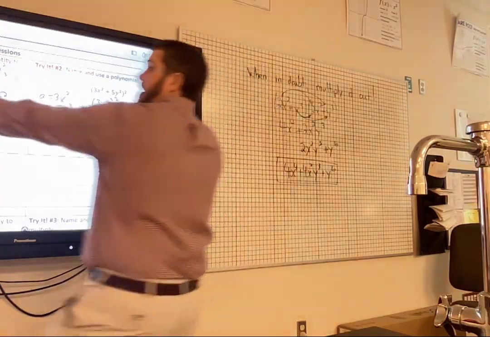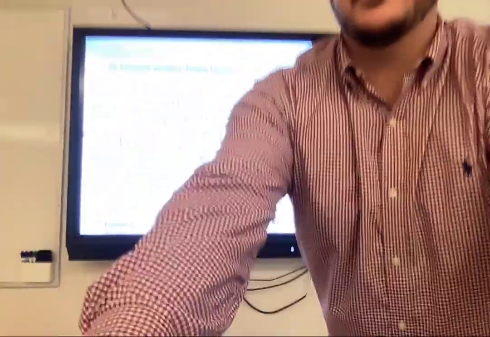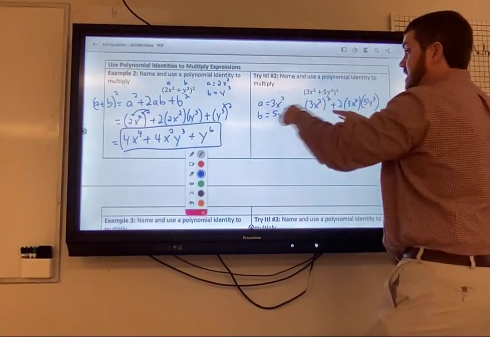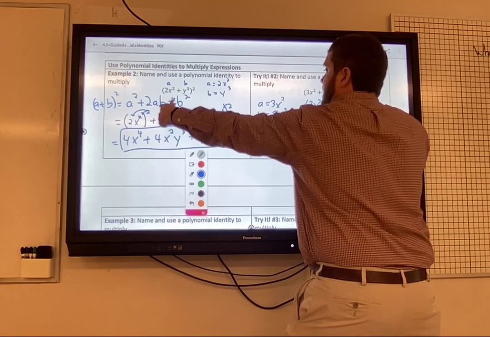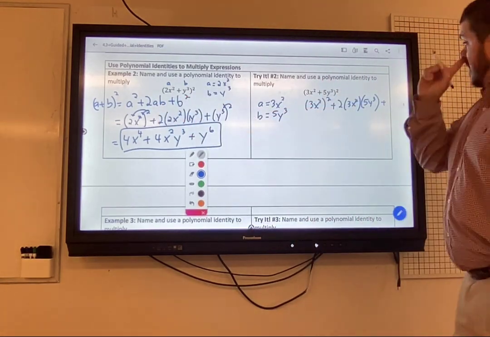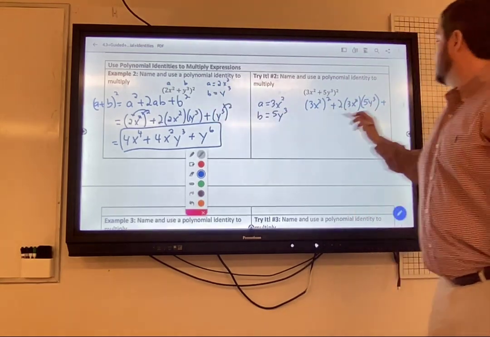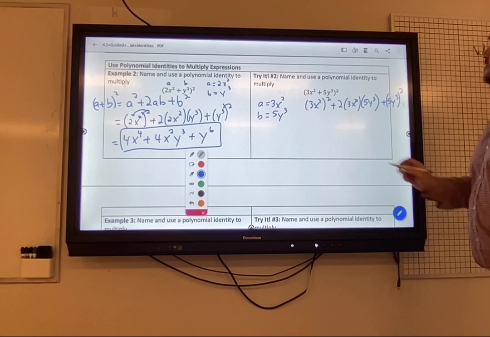All I'm doing is plugging in. That says A squared, I put (3x squared) squared. Then it was 2 times A times B. And then the last part is B squared, so that's (5y to the 3rd) squared.